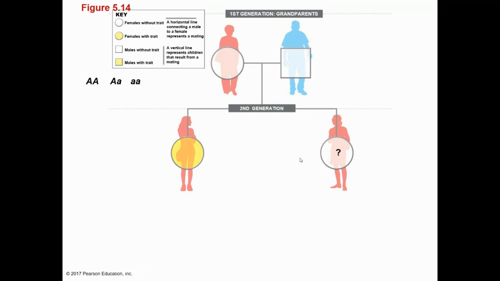I can give you a minute to work on that, and other students, if they're watching after the recording, can pause here. So we're trying to determine what the genotype is of the woman with the circle with the question mark.